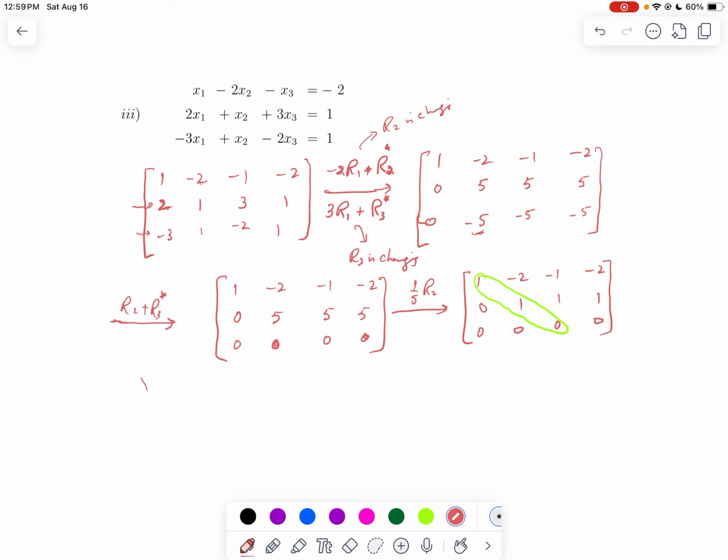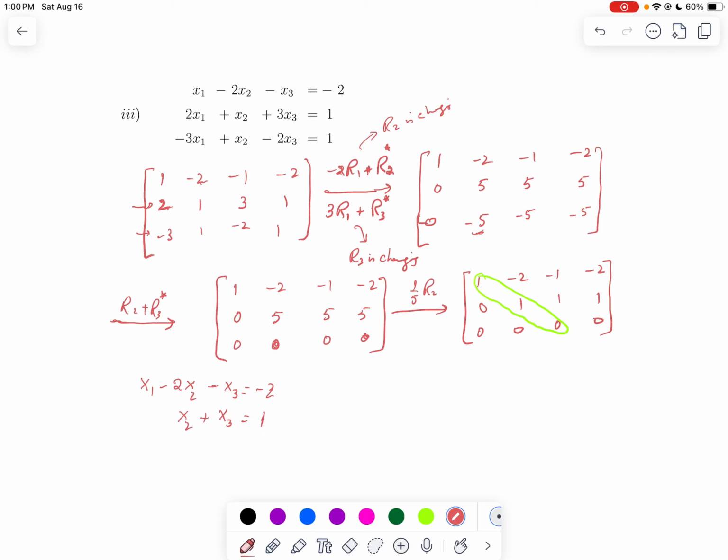So I have x1 minus 2x2 minus x3 equals negative 2, and then the second row gives us x2 plus x3 equals 1.